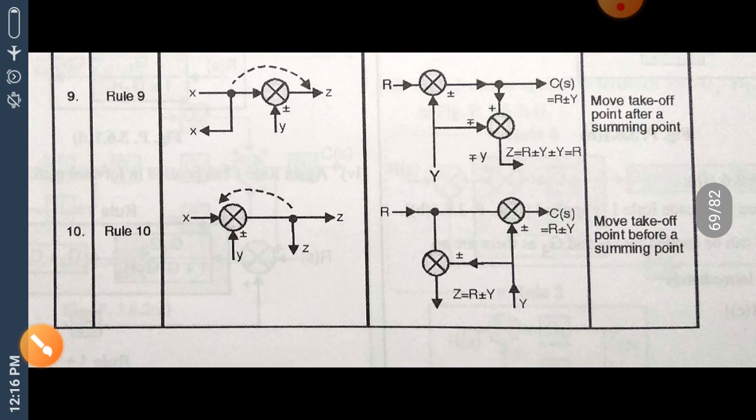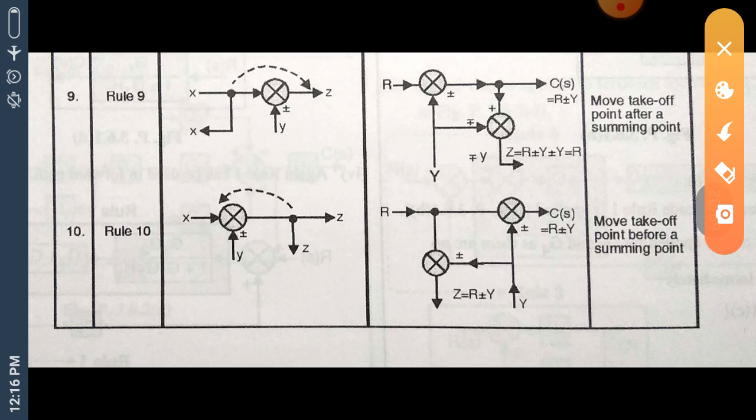Let us move towards the next rules. These two rules are very critical and very rarely used in our block diagram reduction techniques, but still we will learn them. In this rule, we have to move a takeoff point after a summing point.